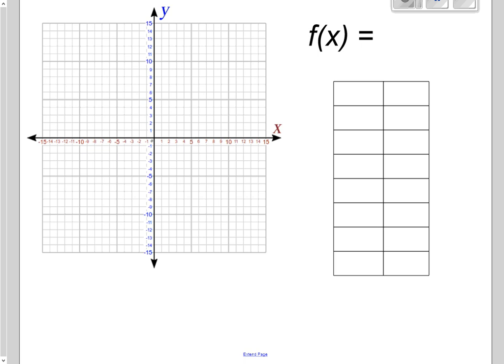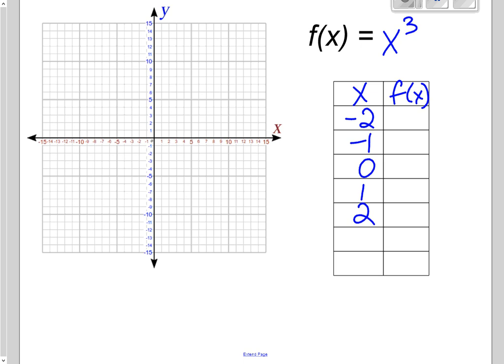Okay, the next graph that I'd like to take a look at is our cubic. All right, so a cubic means that whatever number I'm going to put in, we're going to cube it. So we're going to times it by itself 3 times. So let's go -2, -1, 0, 1, 2 for just 5 points.